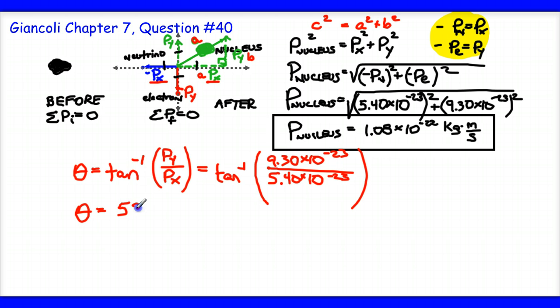It ends up being 59.9 degrees, and I think I actually have 3 sig figs here. Yep, I do. So this angle theta is about 60 degrees. My final answer is that the momentum has a magnitude of 1.08 times 10 to the minus 22 kilogram meters per second at an angle of 59.9 degrees.